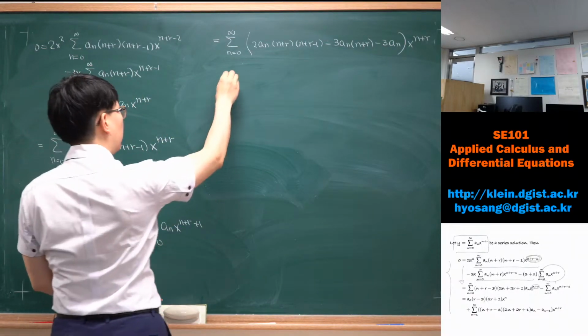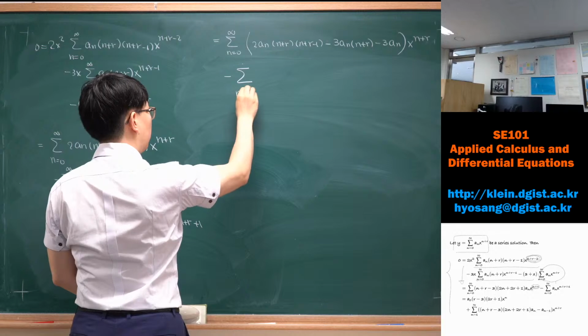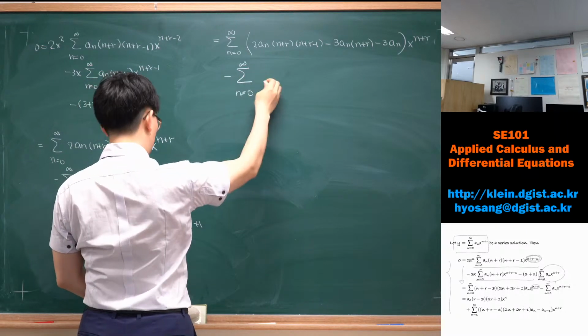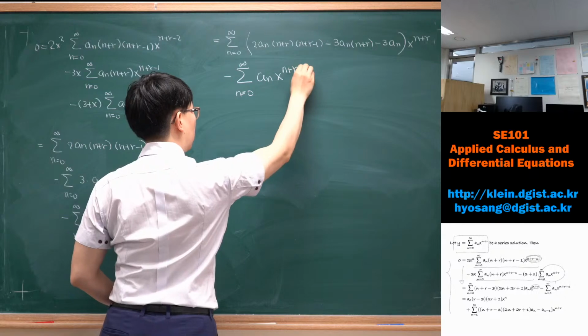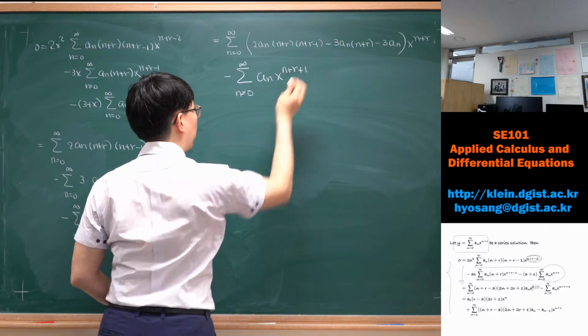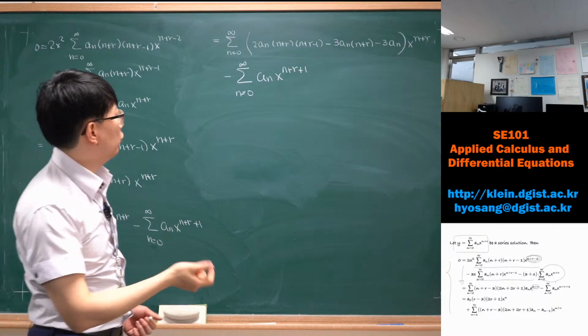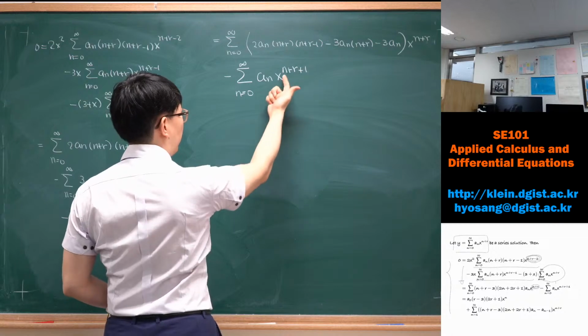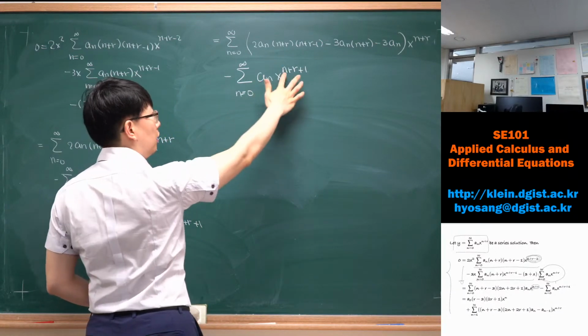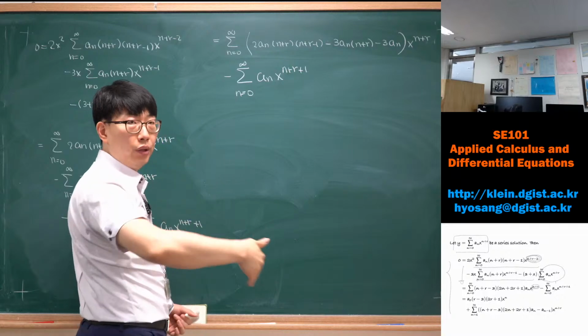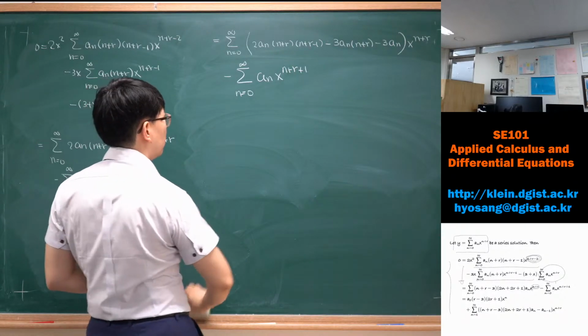So I combined all this and I had the sum n from 0 to infinity of an x to the n plus r plus 1. So then I'm going to replace n plus 1 as n, okay? So when n from 0 to infinity, n plus 1 is from 1 to infinity, right?